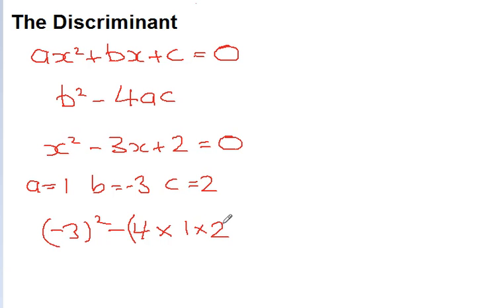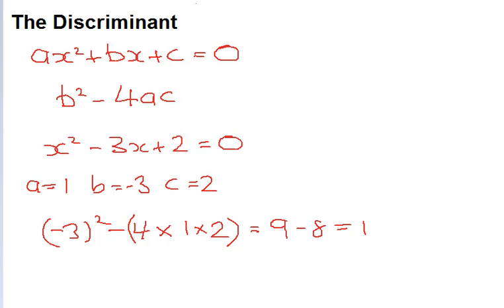And I usually put both of those in brackets just to separate them out. So minus 3 squared is positive 9, and 4 times 1 times 2 is 8, and that's take away 8. So the discriminant in this case is 1. So for this quadratic function, the discriminant is 1. And we're going to look at what that actually means.